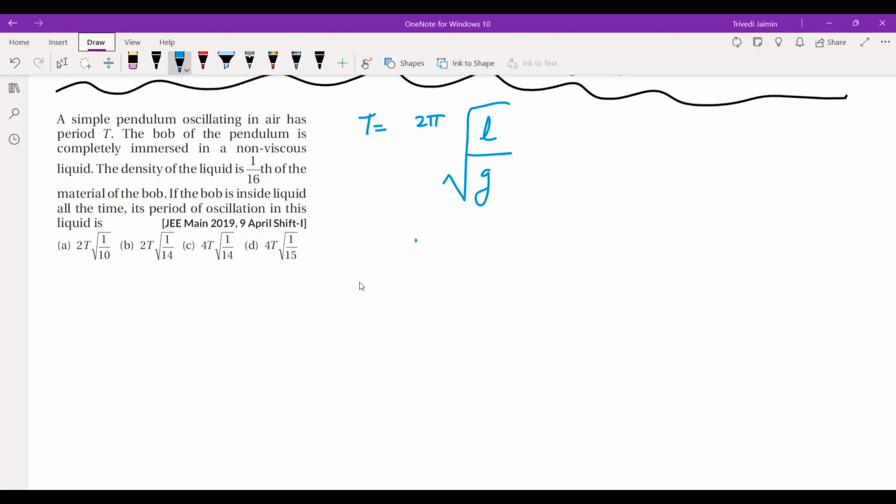Now this says the density of the liquid is 1/16th of the bob. Fine. What else is given? Nothing else, right?